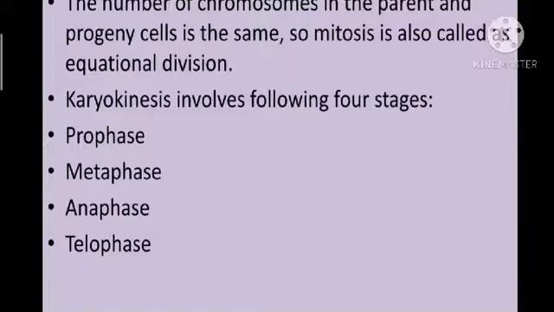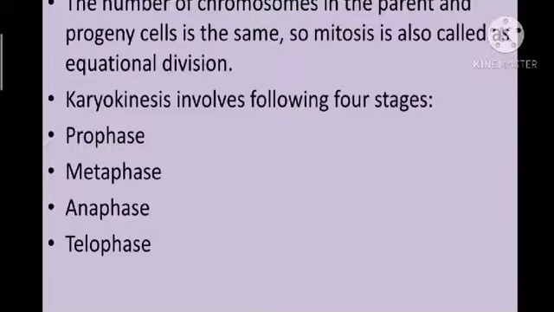Cyto means the cell, cytoplasm. Kinesis is division, so division of cytoplasm occurs. So first in mitosis, or in any such cell division, first the nuclear division, that is karyokinesis, occurs.